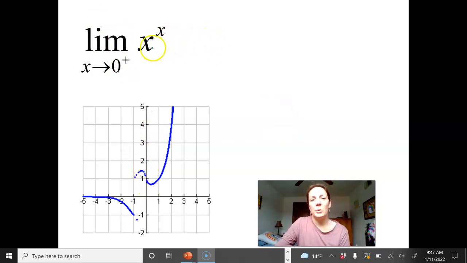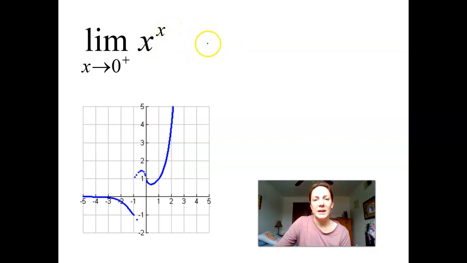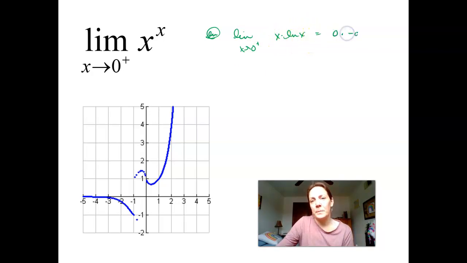So we can see here we're going to have a 0 to the 0, which is indeterminate. So I am going to take the ln. Now what I do in this case is I write a little ln there so that I'm reminding myself what I've done. So if I take the ln of this function, I can rewrite it as x ln of x. I now have, let's see, a 0 times a negative infinity.